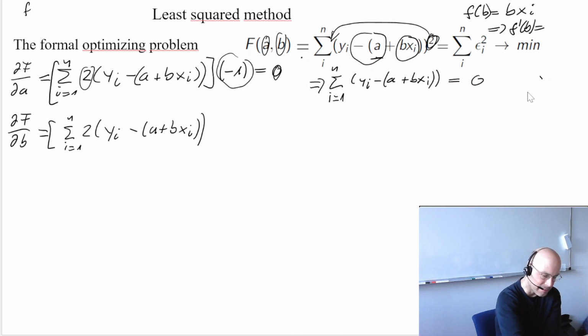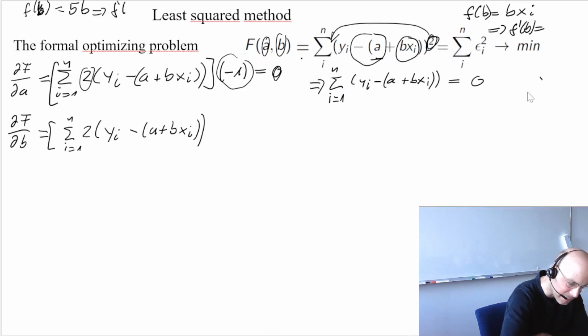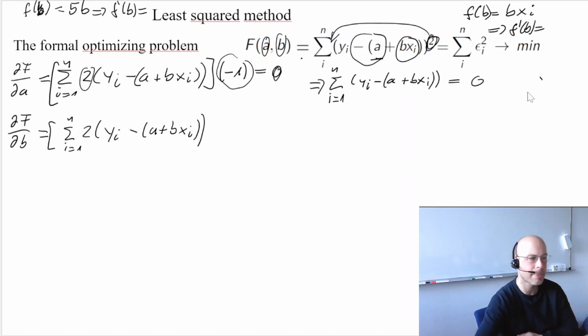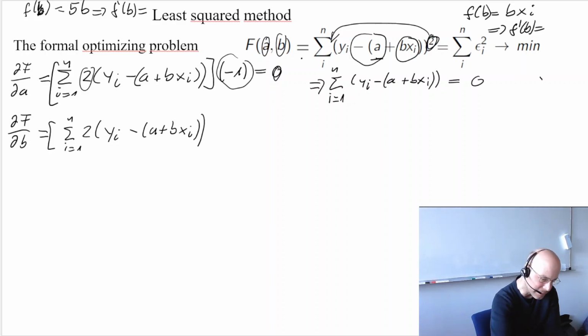Let's take it here. f of b equals 5b. Then f prime of b equals, this is just 5.